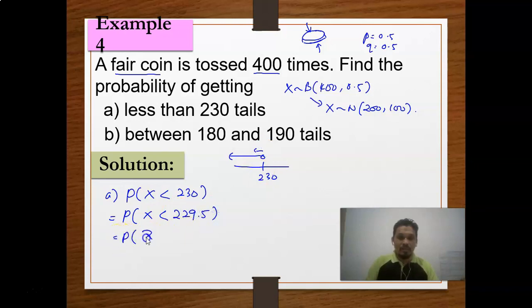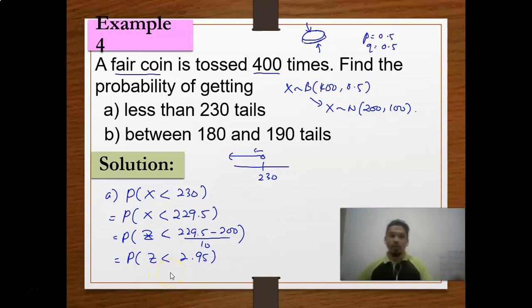So Z less than 229.5 minus 200 divided by the standard deviation, the square root of 100, which is 10. Then this is 2.95.